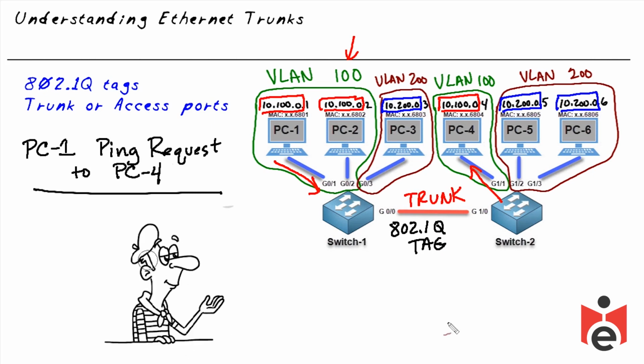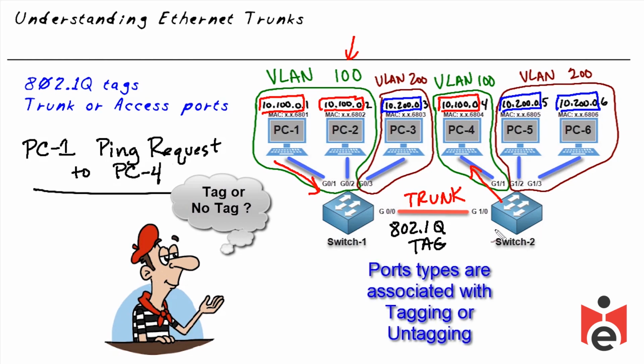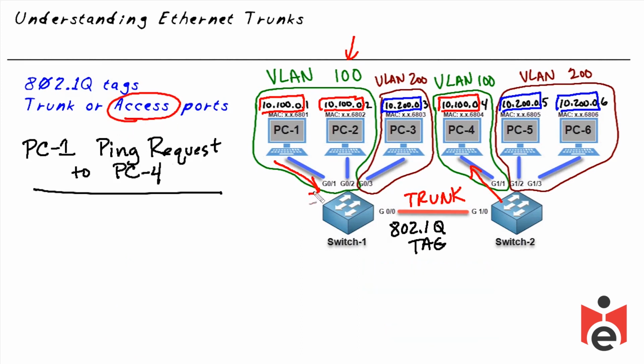And one of the big questions is, to tag or not to tag? That is the question. The primary method that the switches use to know whether to include a tag or not is the type of port that the frame is going across. If it's an access port, which implies that we're connected to end user devices, devices that are not other switches or don't need to have that tagging information, those are referred to as access ports.